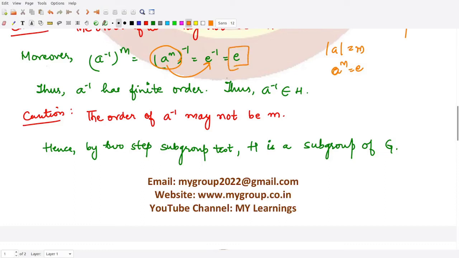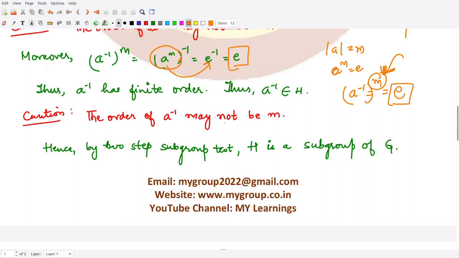Therefore, because we obtain A inverse raised to the power m equal to the identity, and m is some finite number, the order would surely be either equal to m or less than m. Why is it so? Because order is the smallest positive integer for which we obtain the identity. We obtain the identity for m, so the number could either be m or smaller than m.